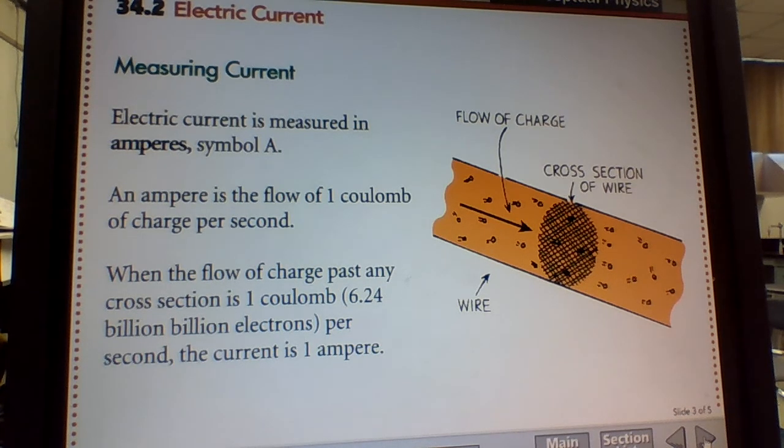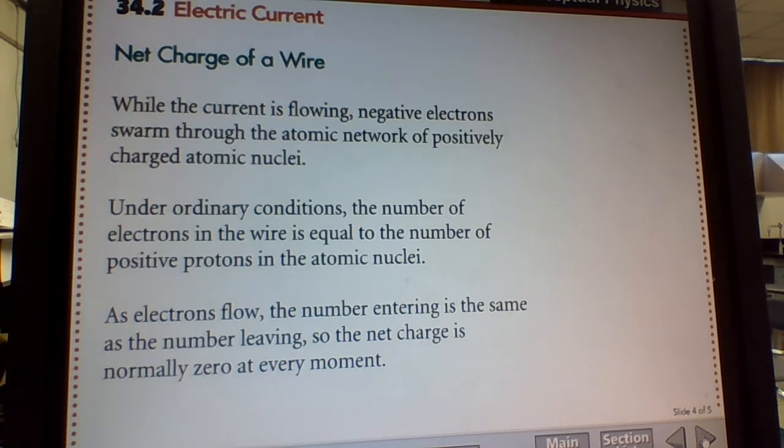So there's a whole lot of electrons flowing each and every second. So 1 coulomb, or 6.24 times 10 to the 18th electrons flowing every second, would be a current of 1 ampere.